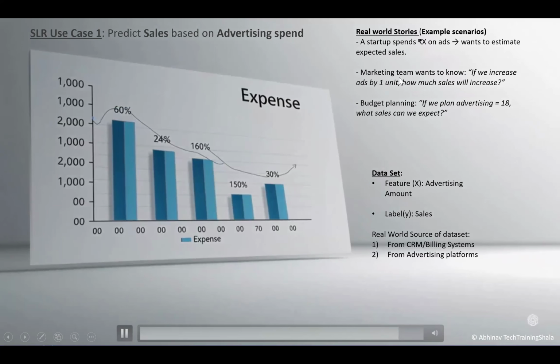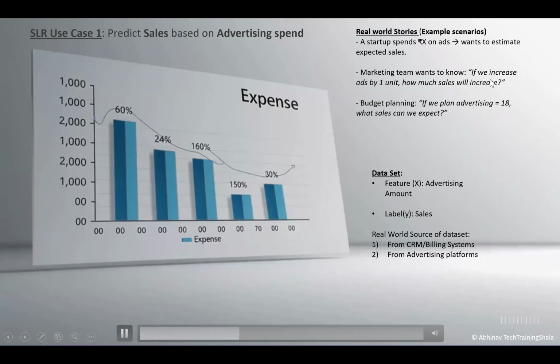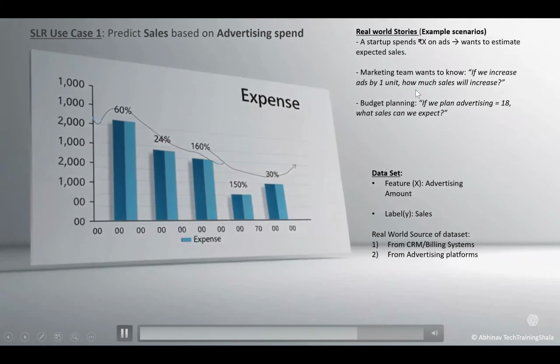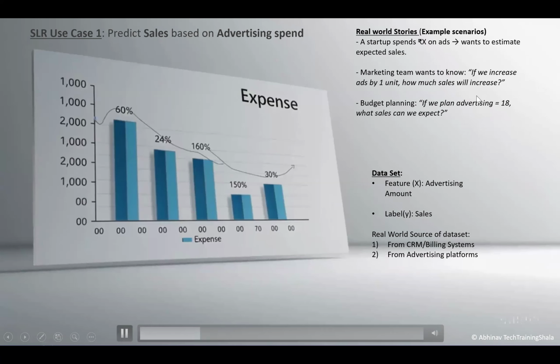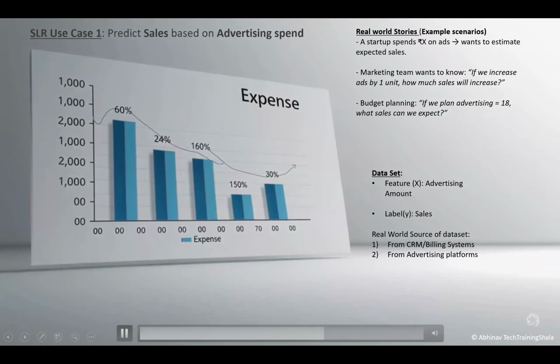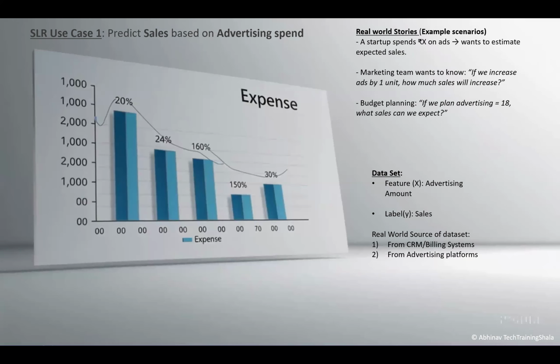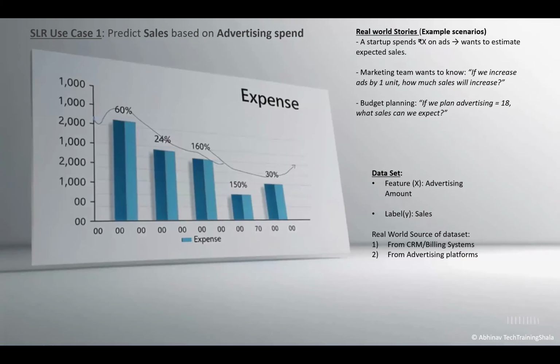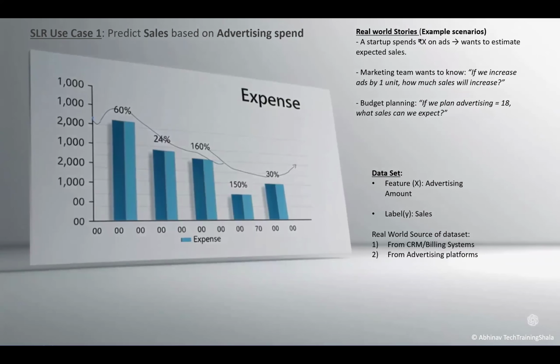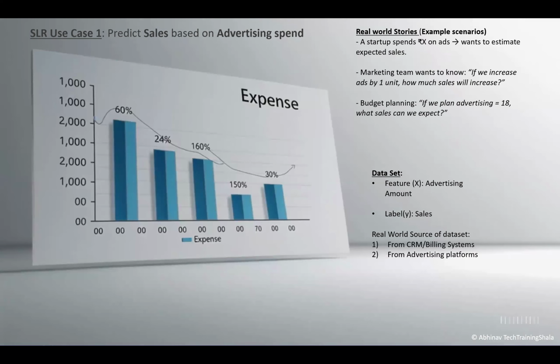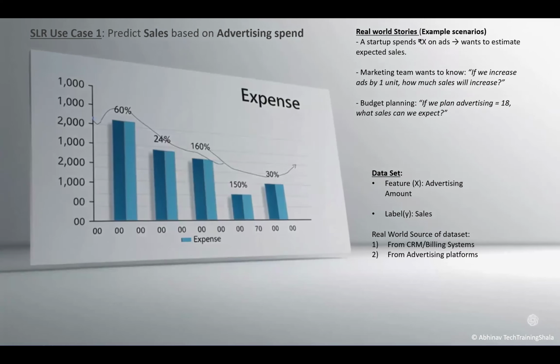So the marketing team wants to know that if we increase ads by 1 unit, how much will sales increase. This is a classical case of simple linear regression where we have only one feature.